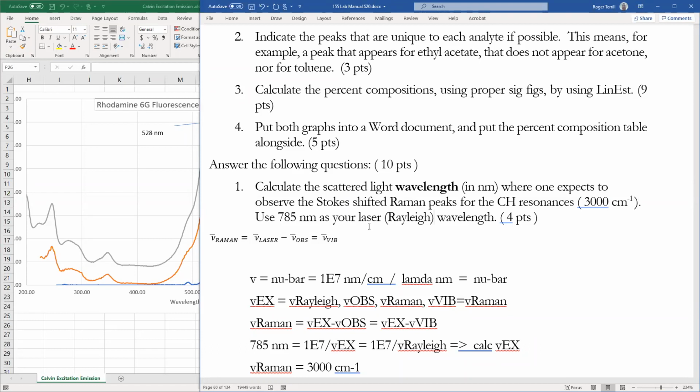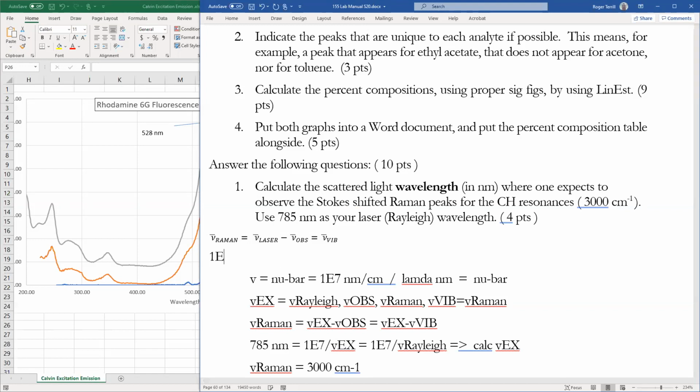The laser comes out at the Rayleigh wavelength, right? So what you need to do is convert 785 into wave numbers, and to do that, you use 10 to the 7th divided by 785.